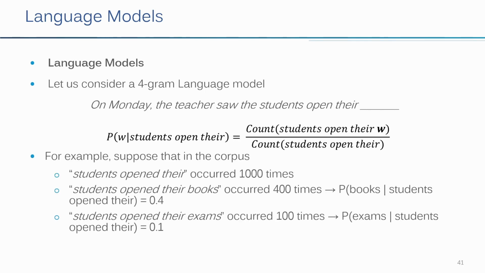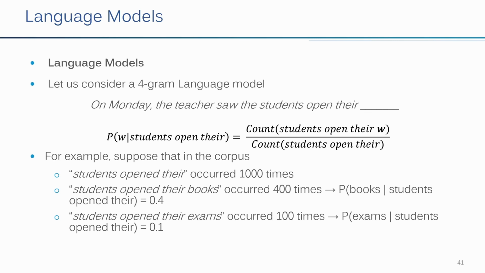So we saw that using the Markov assumption, in this case here, this is a trigram if we look at the denominator, but it's a fourgram if you consider all the words in the context window. What is the probability of a new word right here, given that we have students open there? We have to count how many times the entire four-gram sentence appeared and divide by whatever context that we have.